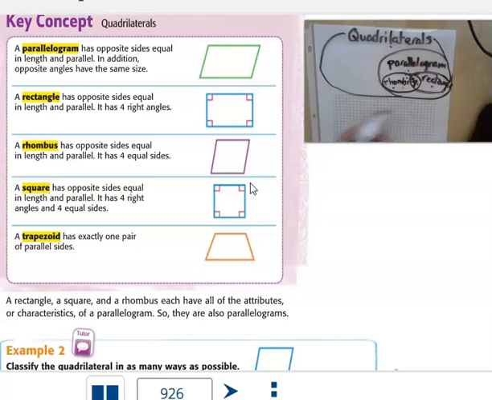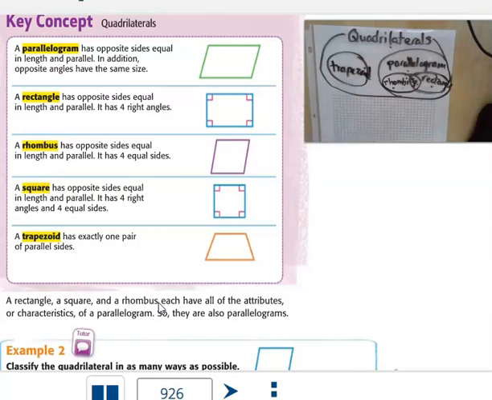And then over here, you have the trapezoid. I know some of us feel like the trapezoid sometimes doesn't fit into any of the other groups, except for quadrilateral. A trapezoid has exactly 1 pair of parallel sides. As you can see in this shape, this side and this side are parallel.